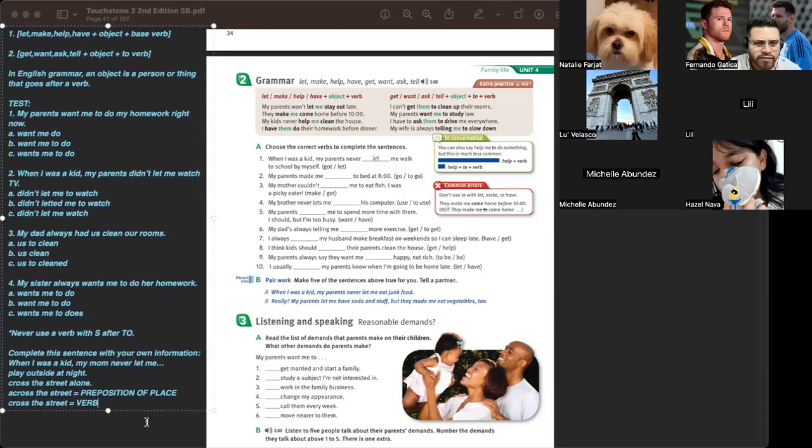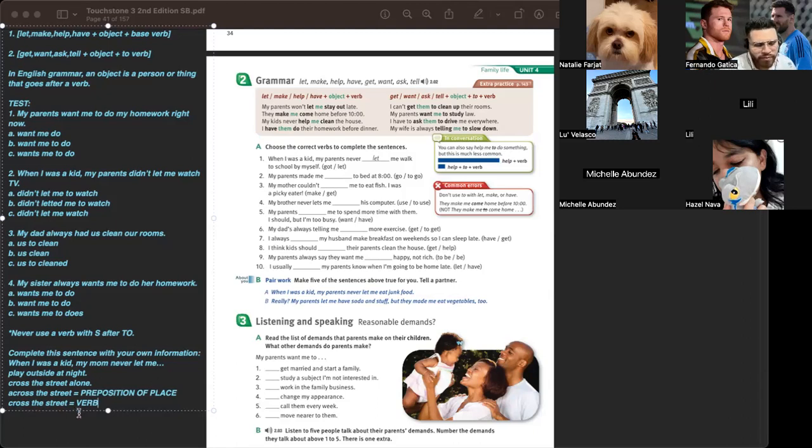So the translation of across, maybe, where's your house, across the street, would be like cruzando la calle, or what is the translation of across? Del otro lado de la calle. Okay, it is incorrect to say cross the street.